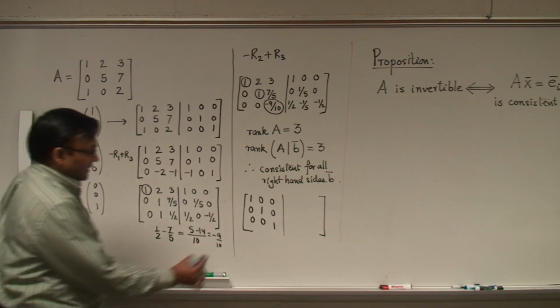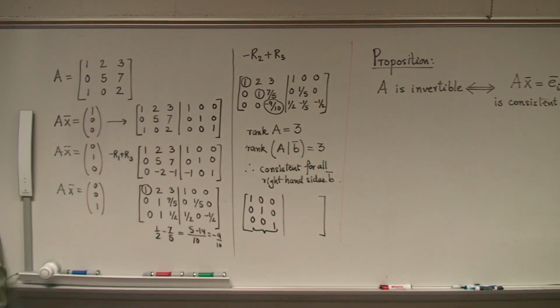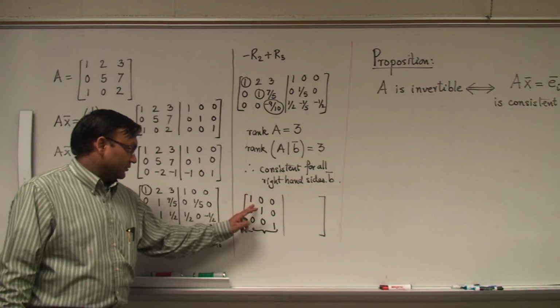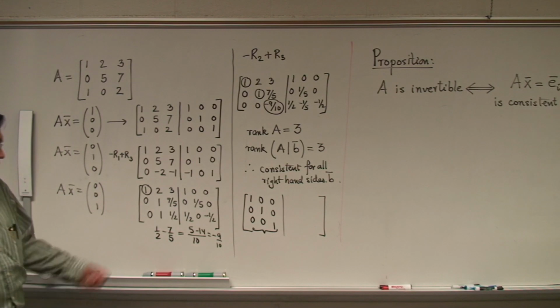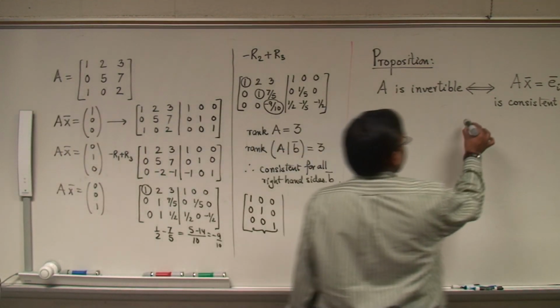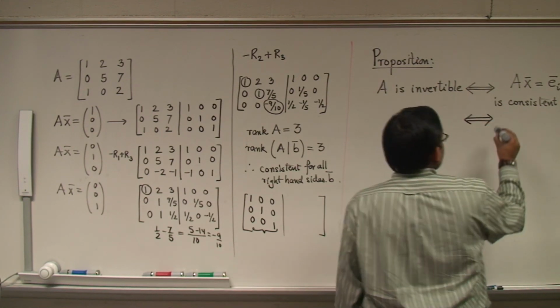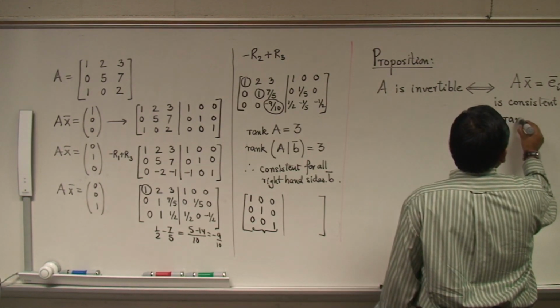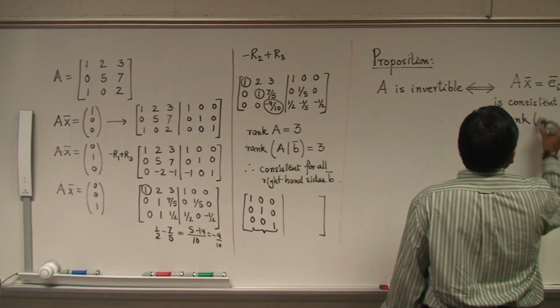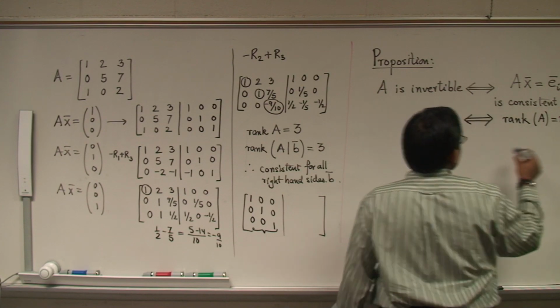So can I say that the row reduced echelon form of my matrix A must be this, as long as I have a full set of pivots, of full rank? So we have yet another criterion that we can at least think about: the rank of A is equal to n, assuming the size of A is n.